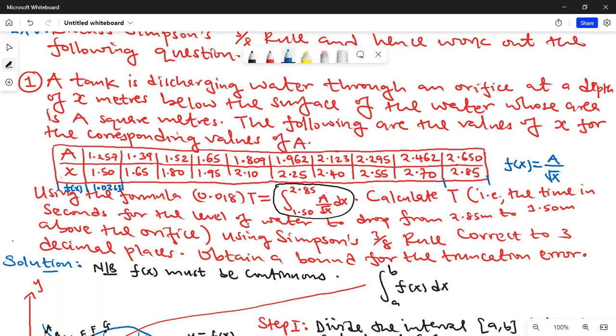So once you have that, go straight away to the formula for the Simpson's 3/8 rule. Get the value of this integral and make t the subject. Once you have your value, remember we need to calculate t. So we are going to make t the subject and divide through by 0.018. That will give you the approximate value of the integral, as simple as it is.